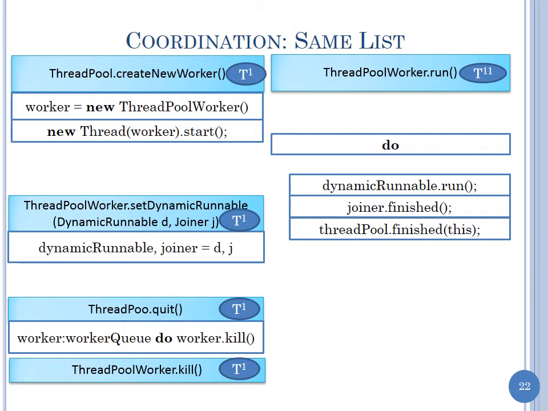We need the run method to block before it executes run. And what method is going to be able to unblock it? So set dynamic runnable should unblock it, because it knows there's a new piece of work. And this should do a wait and that should do a signal, okay?